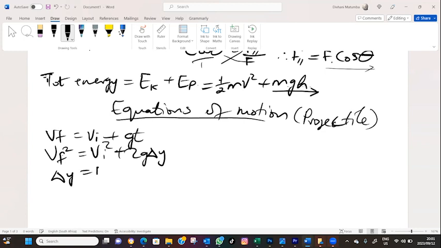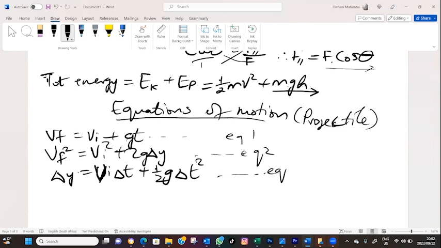We also have change in y equals V initial times change in time, plus 1/2 gravity times change in time squared. Let me call these equation 1, equation 2, equation 3.